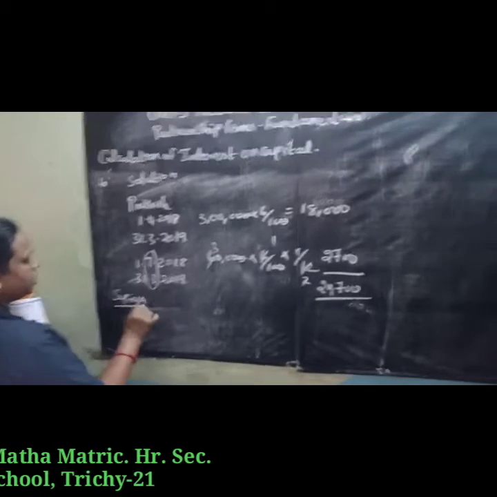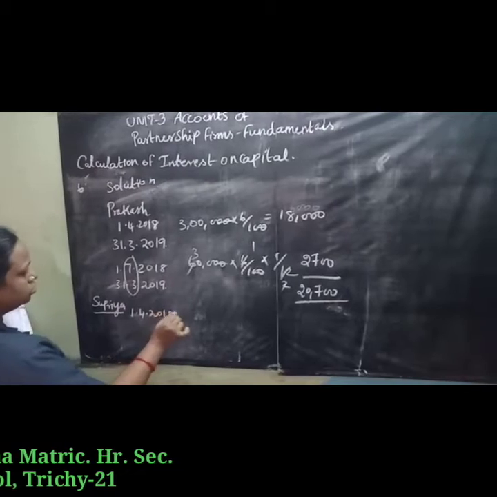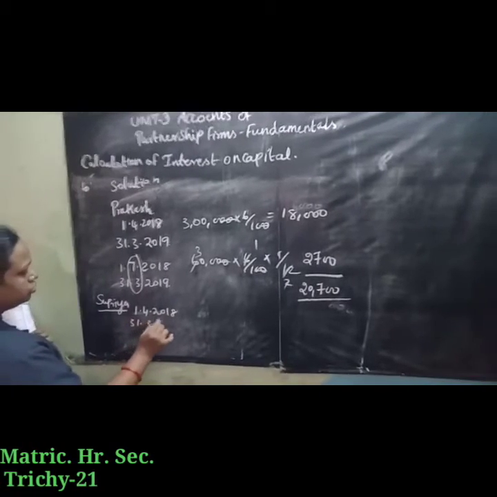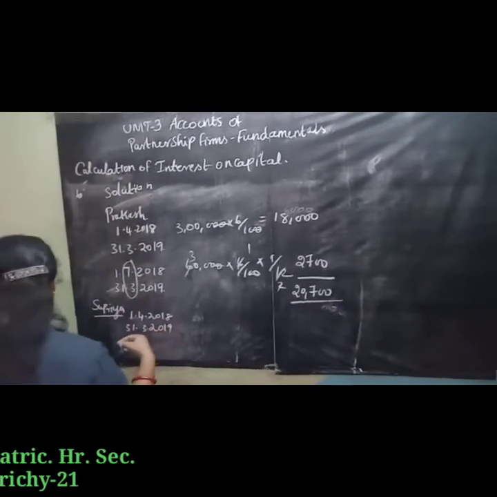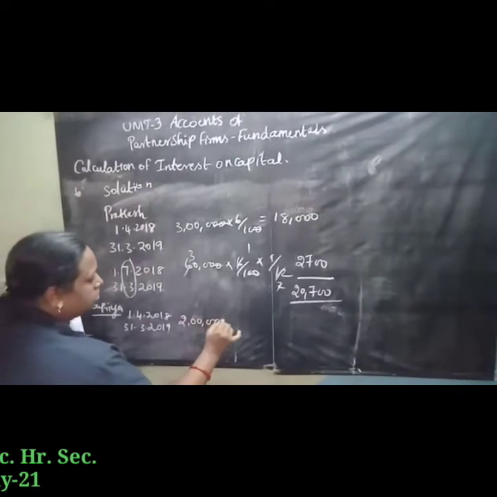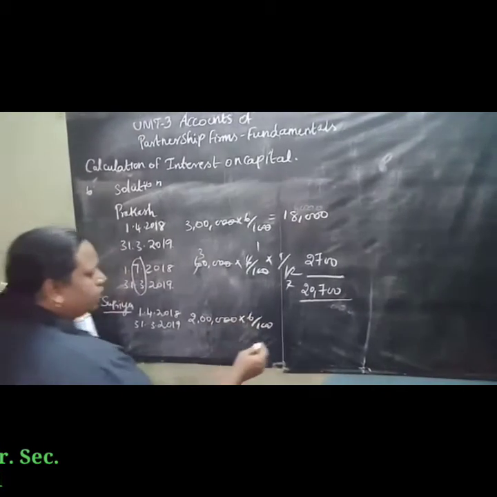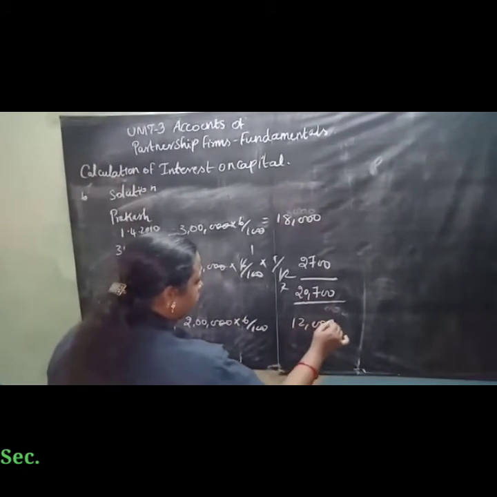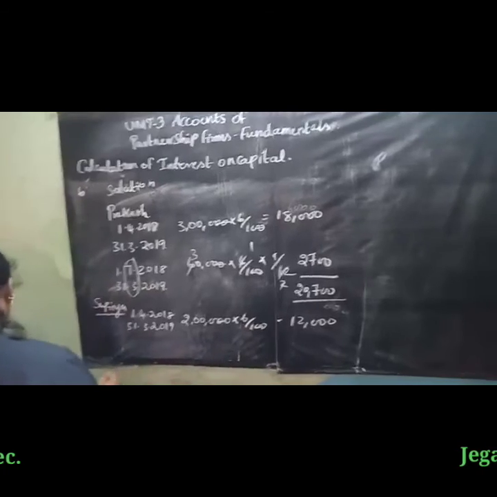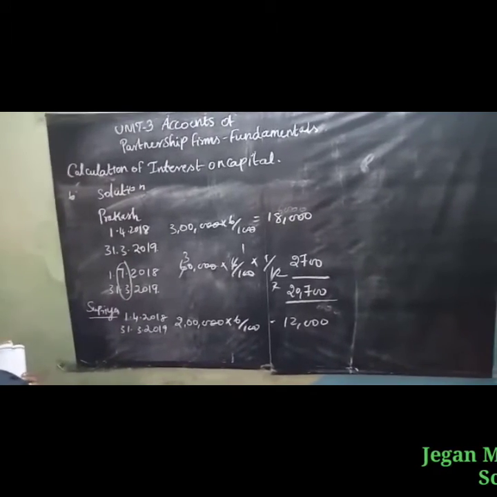Okay. So next calculation for Supriya. Supriya introduced the capital 1/4/2018 to 31st 3/2019. So amount 2 lakh, 2 lakh into 6 by 100, 12,000. Then next, Supriya introduced additional capital during the year.